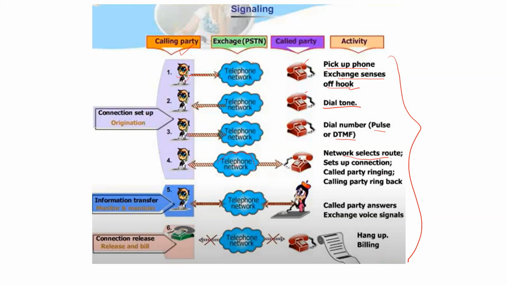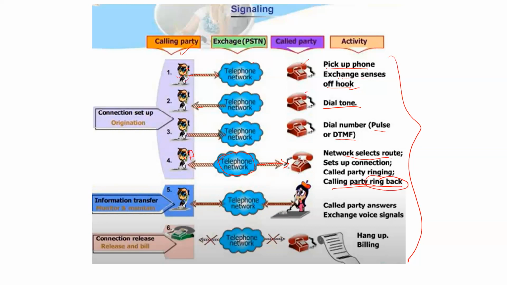So the telephone network will set the connection and send a ringing tone to the called party. At the same time, when you are dialing some number and ringing happens, you also hear a ringing tone in your phone as well, right? So that is calling party ring back, meaning some ringing will be happening in your phone as well.